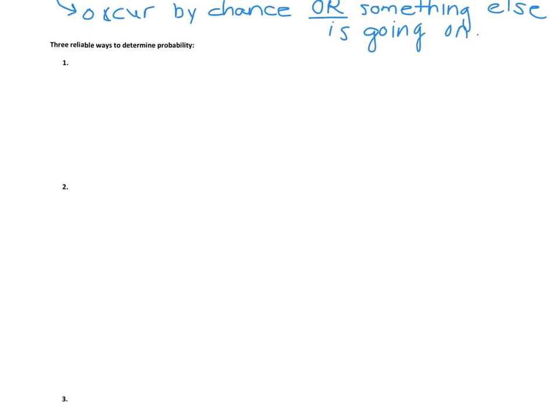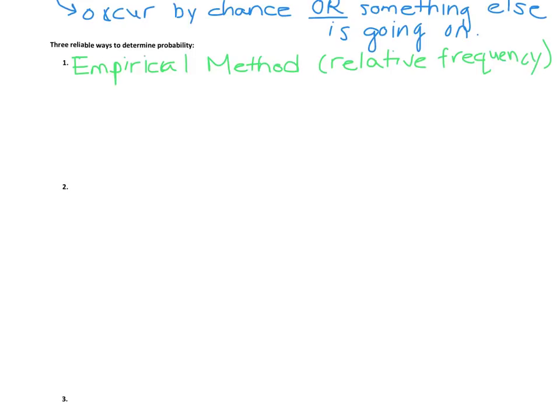Okay, so three reliable ways to determine probability. The first one is called the empirical method. Maybe you've heard of empirical studies before when they're looking at probabilities. E-M-P-I-R-I-C-A-L method. This is what we've been calculating as relative frequency, because it's from an observational study or something. So with the empirical method, probability is really just a relative frequency. It's what we've been looking at up to this point.